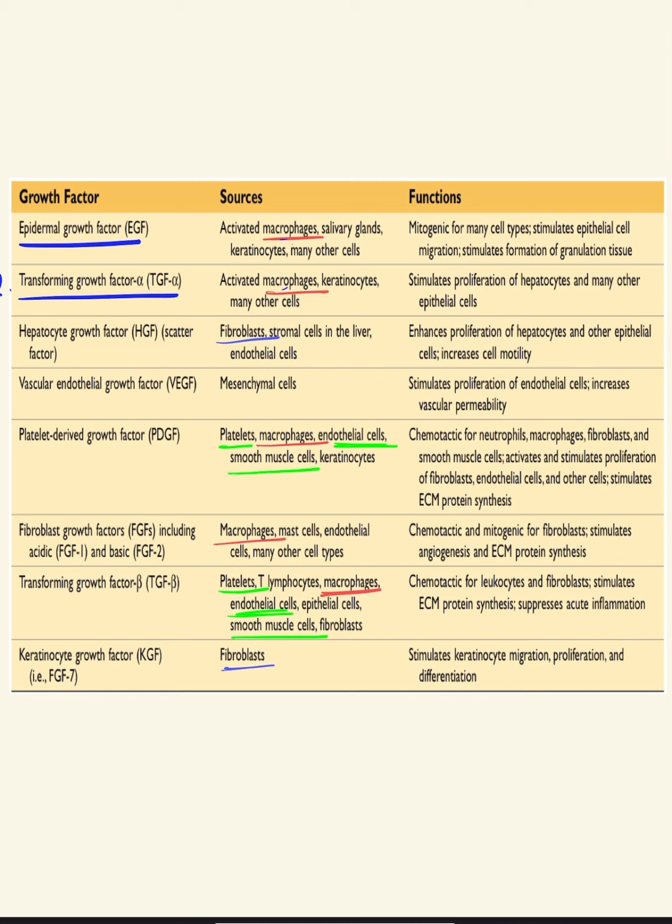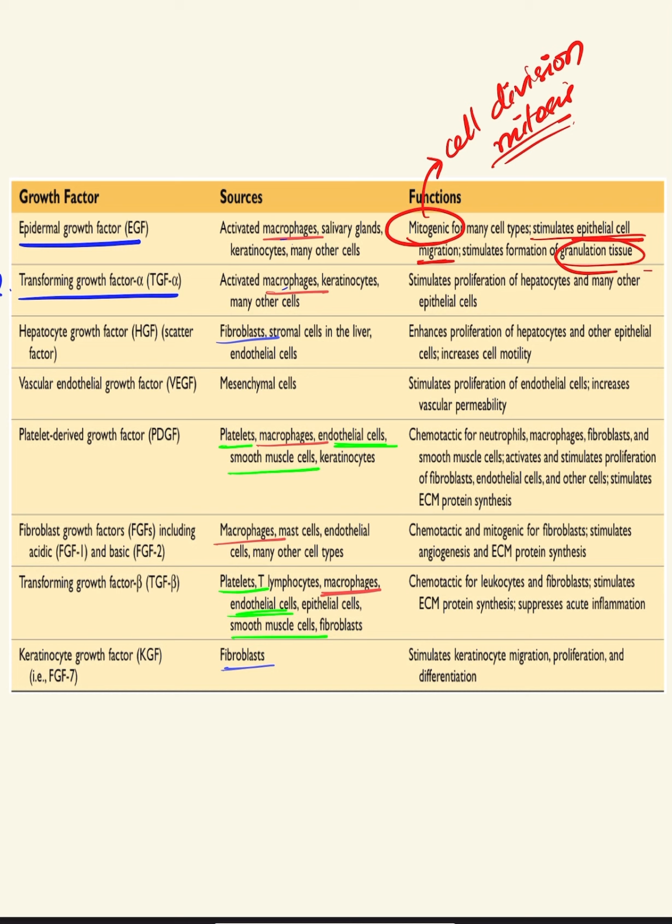It is mitogenic for most of the cell types. Mitogenic means it increases cell division, it promotes mitosis. That's why it is mitogenic for most cell types, especially stimulating epithelial cell migration, and it is also required for wound healing and granulation tissue.